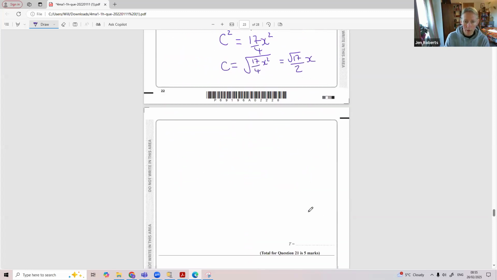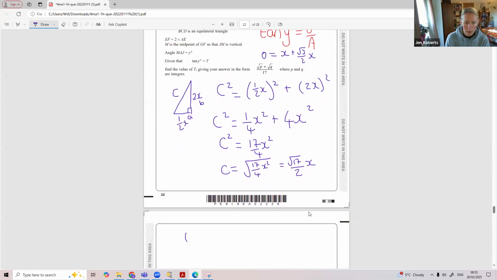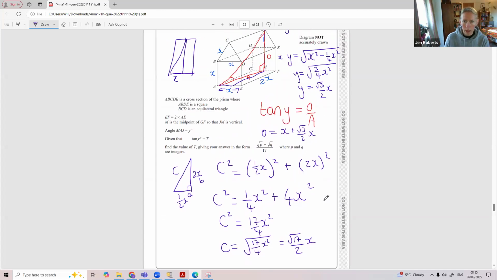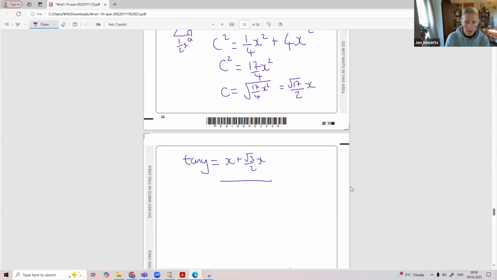Let me just write that down, so we've got some more space. So tan y, and its opposite, which was x, add root 3 over 2 x, all over my adjacent, which is this.